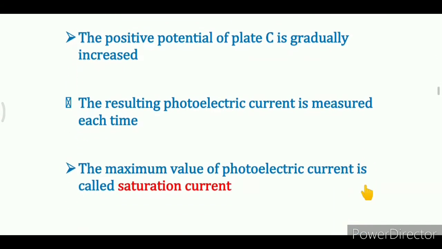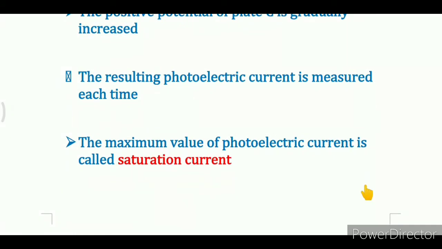It is observed that as we increase the positive potential, the photoelectric current also increases till a particular potential.